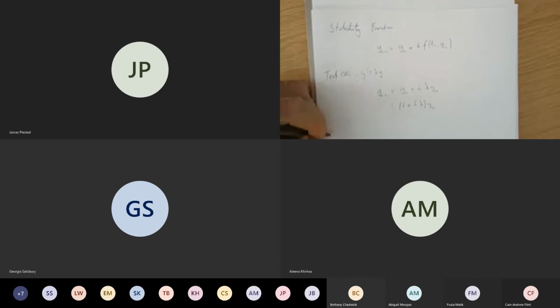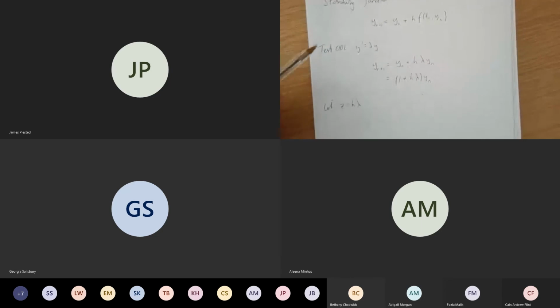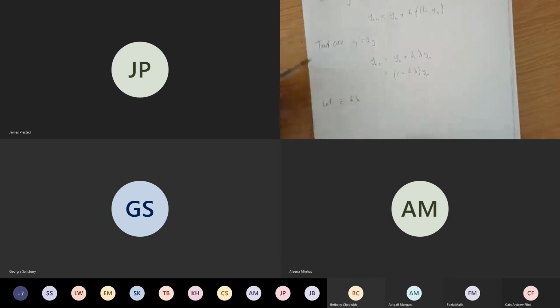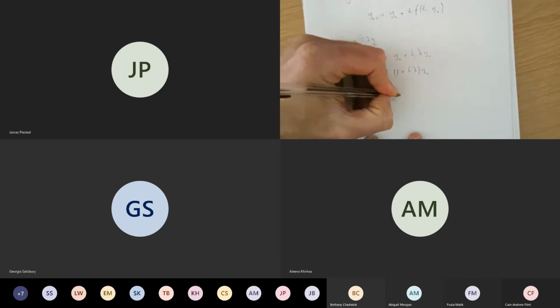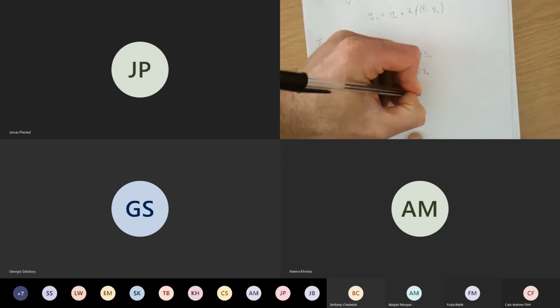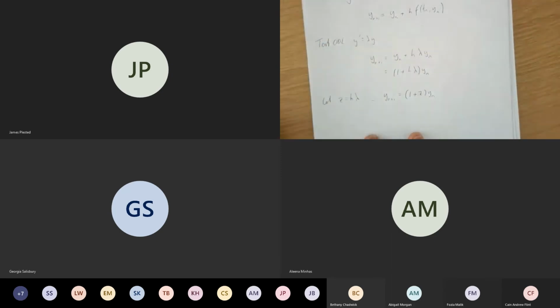What I'm going to do is say let z equal h lambda. So h is still the step length, lambda is just some coefficient of y here. So I'm going to let z equal h lambda. Therefore, my yn plus 1 is equal to 1 plus z, times yn.